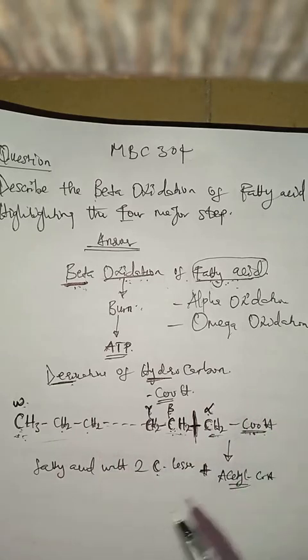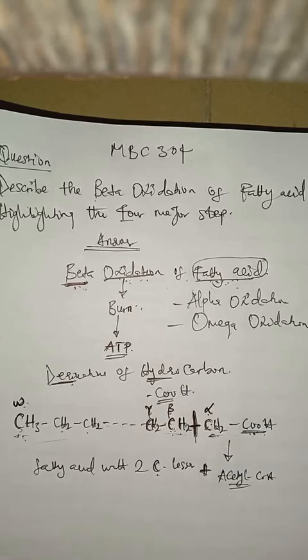The person has not eaten anything, so no glucose is coming from the GIT. The body has no choice but to start breaking down fatty acid. So anytime you see beta oxidation or breakdown of fatty acid in general, it's a sign that the person has not eaten and is in a fasting state, so the body is looking for other sources of energy. Can you get my point now?